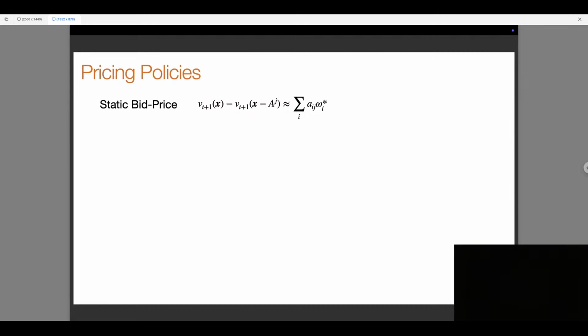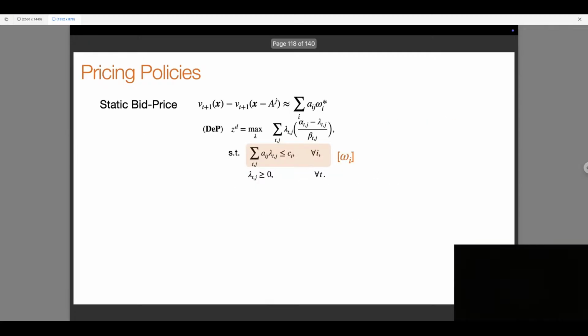That is, we approximate the buy price with the summation of A_ij omega_i star, where omega is the buy price, the marginal price computed from the optimal dual solution for the deterministic formulation, as I mentioned already.